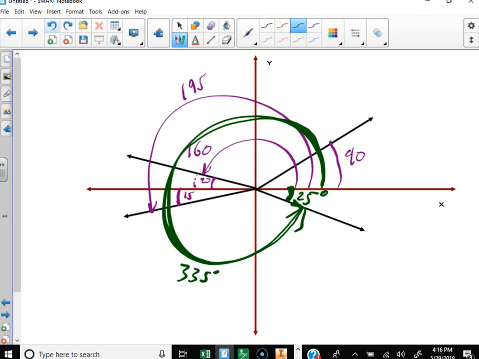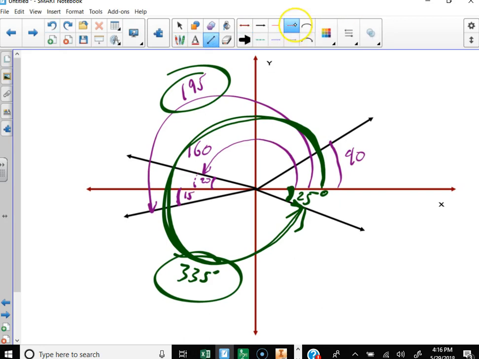What I want to point out here is that while these angles are crazy big numbers, apparently you can't stuff them in a triangle. A triangle is supposed to have 180 degrees total. What are you going to do with 335? But it does, in fact, form a triangle. If we use that one as an example, you can create a right triangle using that and this.